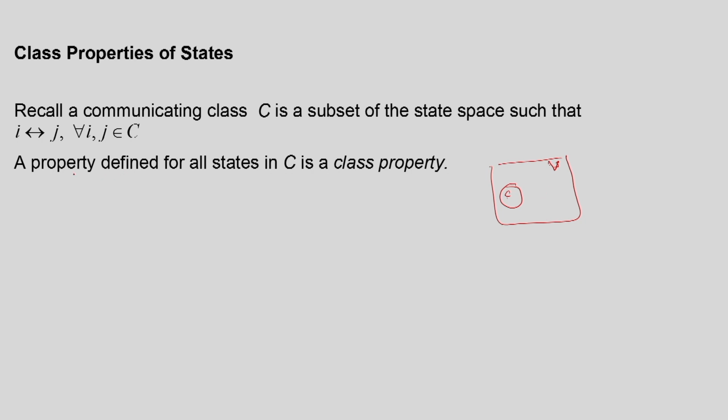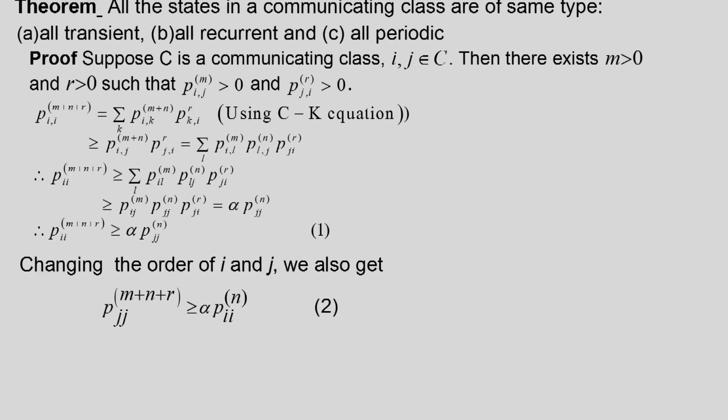Now, if a property is defined for all states in C, then it is a class property. So, if certain properties are satisfied by all states in the class, then these properties are called class properties. That way we will see some class properties.